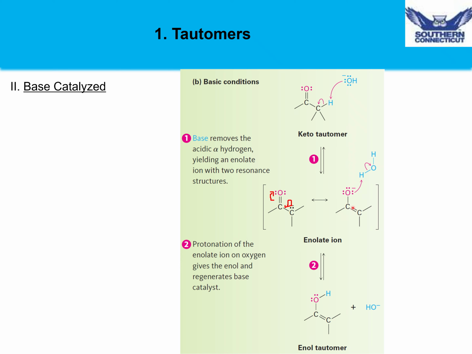So these are the two resonance forms of enolates. You can use either one to protonate the enolate and move on. So for example, the oxygen can be protonated by water to produce the enol that is shown here.